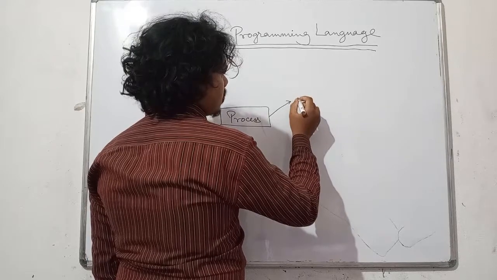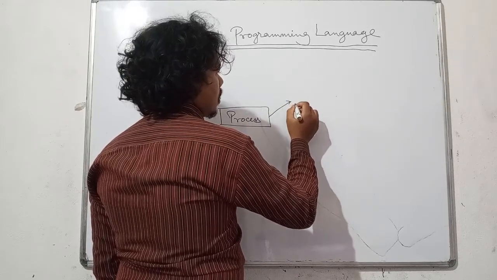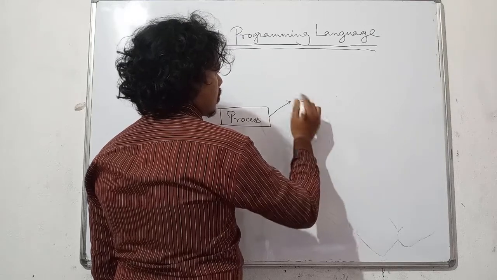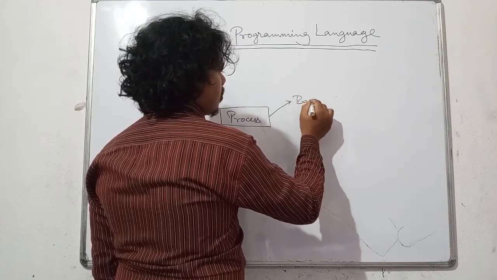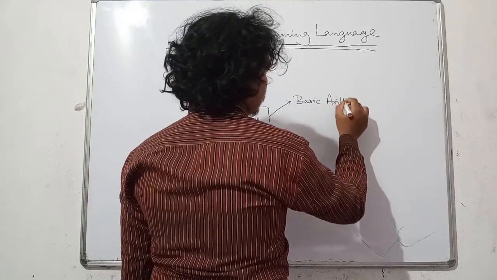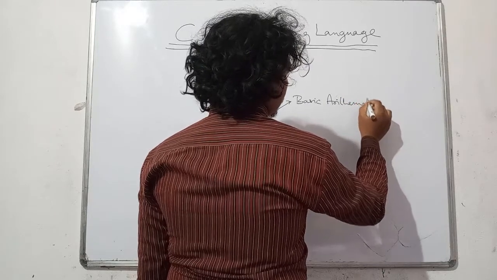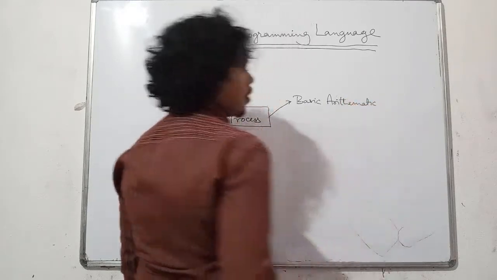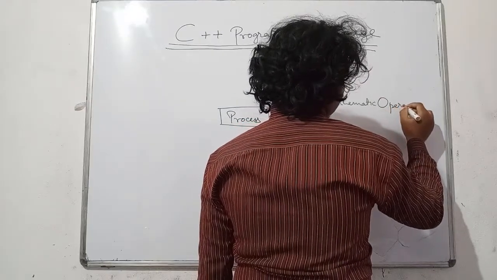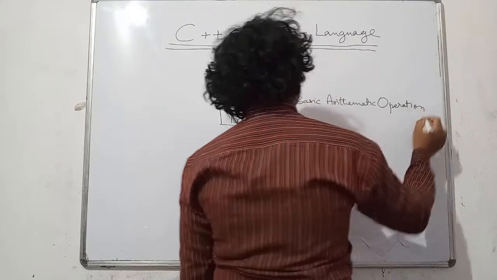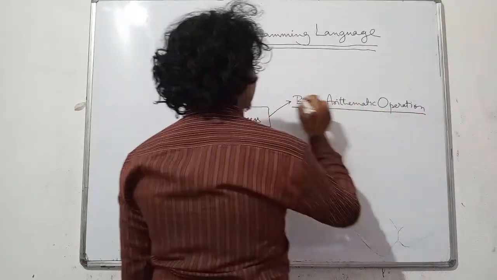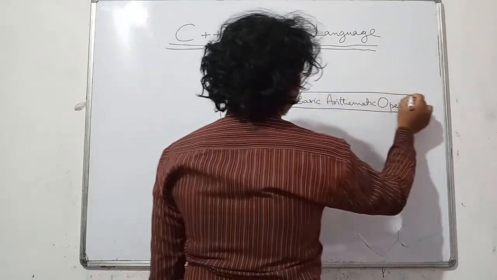Process can be basic arithmetic operations. What is basic arithmetic operations?